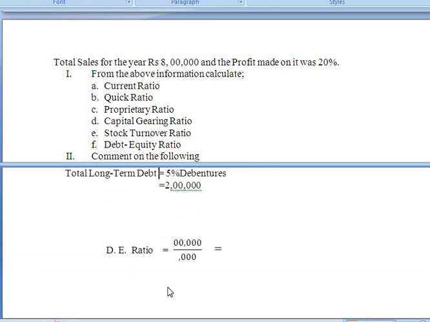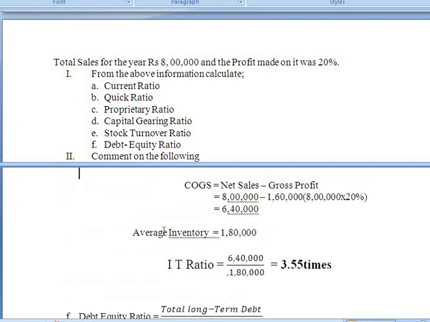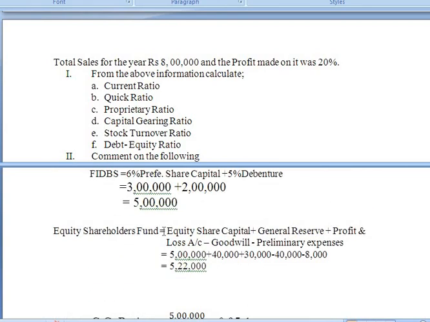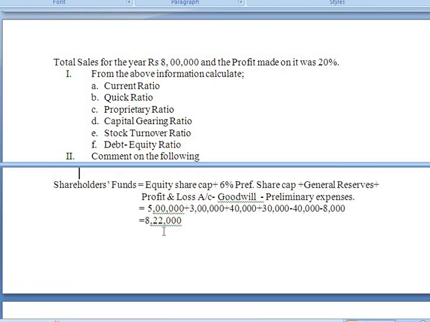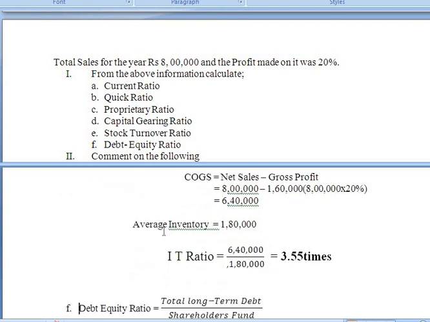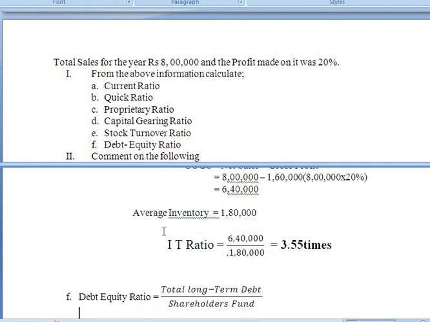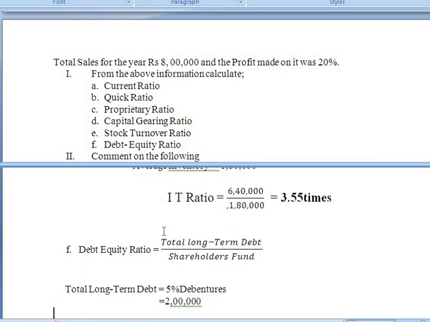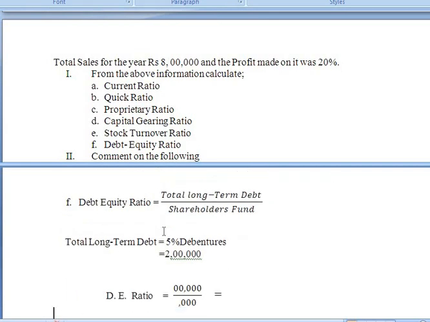So we know the amount of shareholders fund, right? How much is the amount of shareholders fund? Here you can check. Shareholders funds is 8,22,000. So debt equity ratio is equal to total long term debt, which is 2 lakh, and shareholders fund rupees 8,22,000.